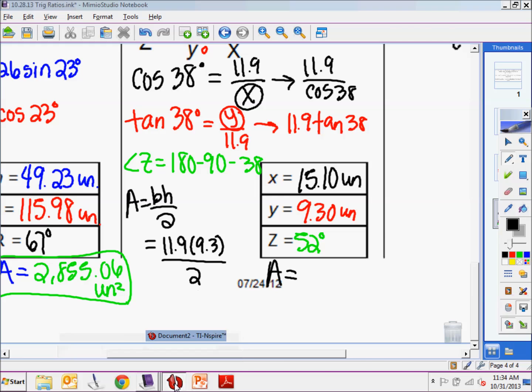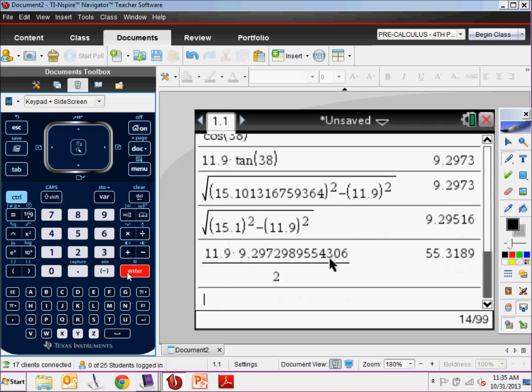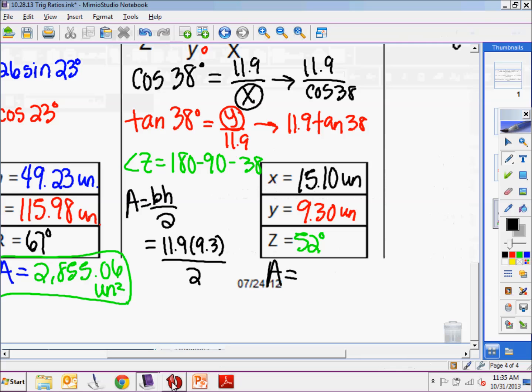So I'm going to go to my handy dandy calculator, and I'm going to do 11.9 times 9.30, and then divided by 2, and I get 55 and 3/10. Units what? Square. Beautiful.